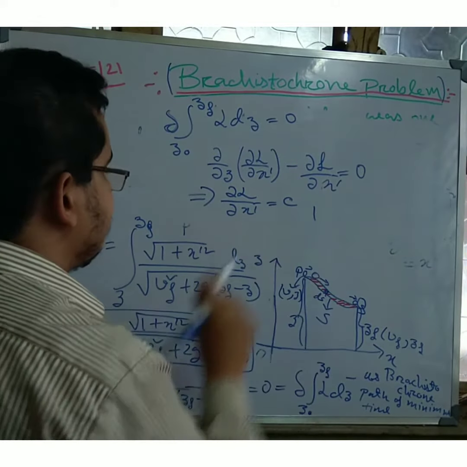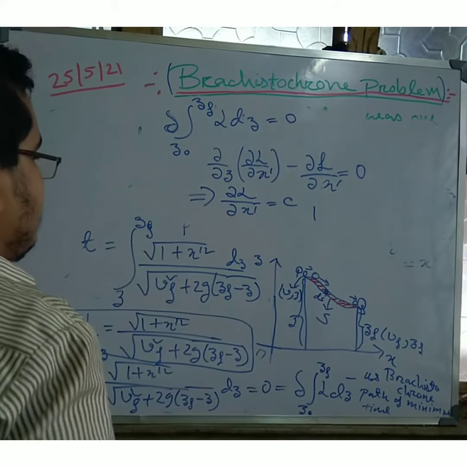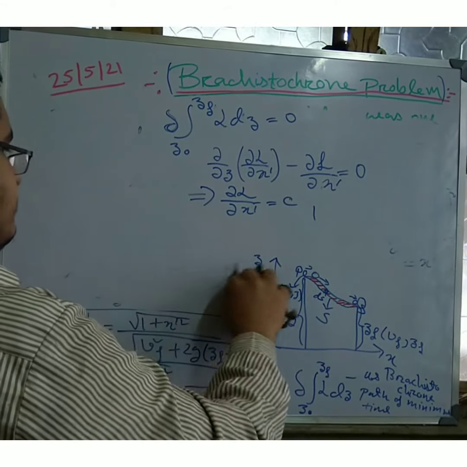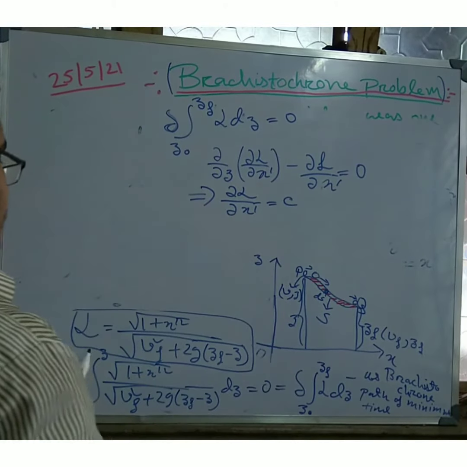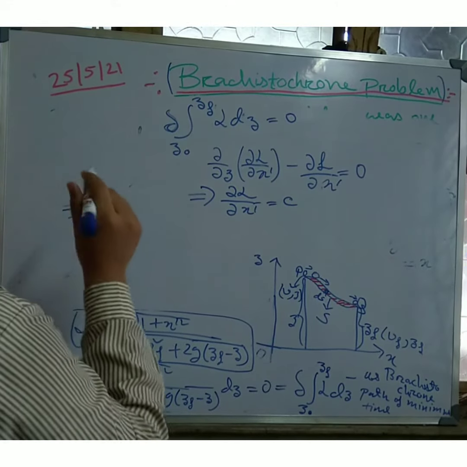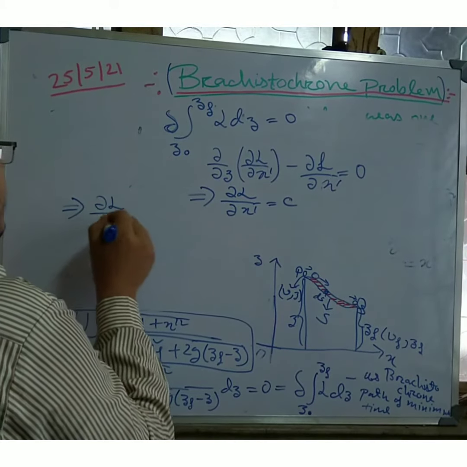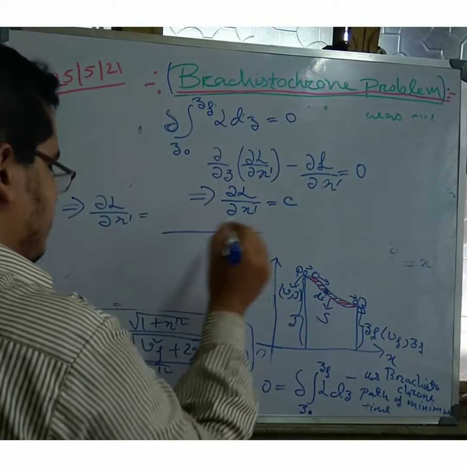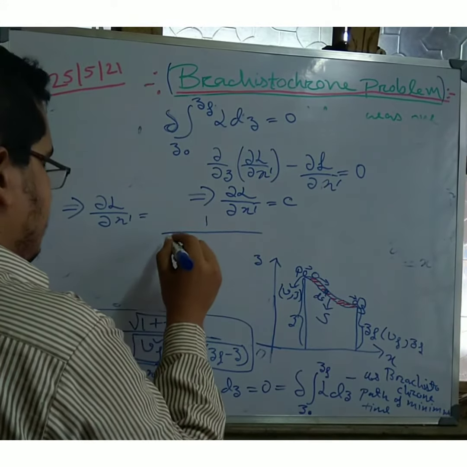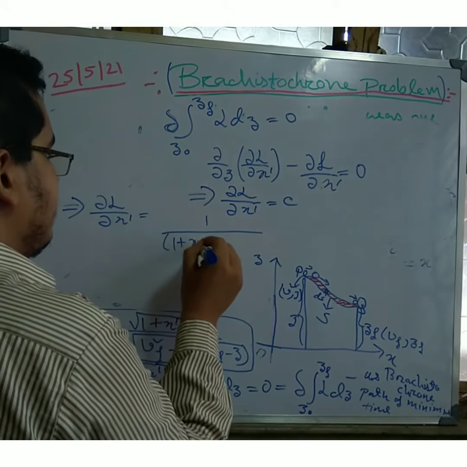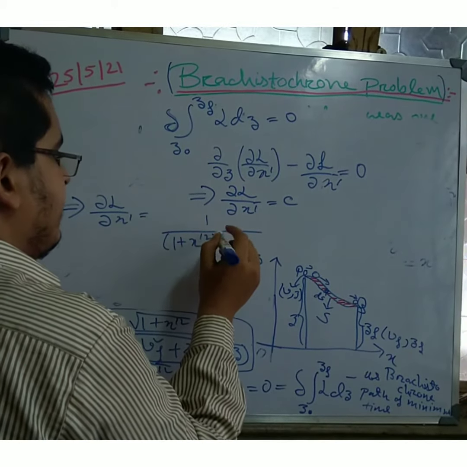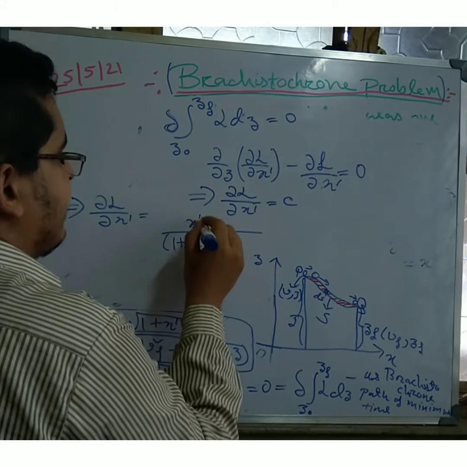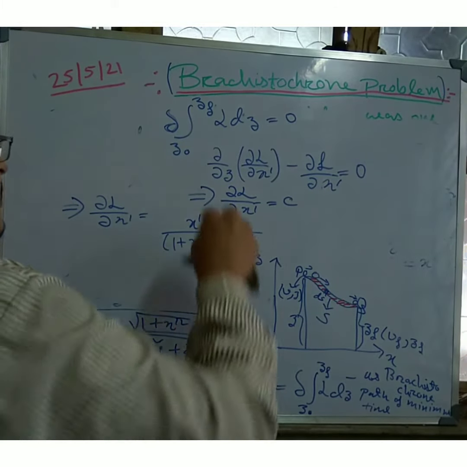So whatever I get: del L by del x dash is equal to 1 plus x dash whole square to the power half, and another factor, it should be x dash, not x dash whole square.